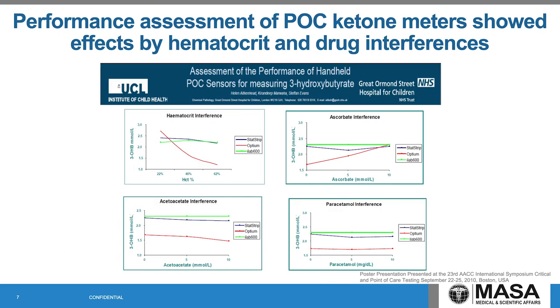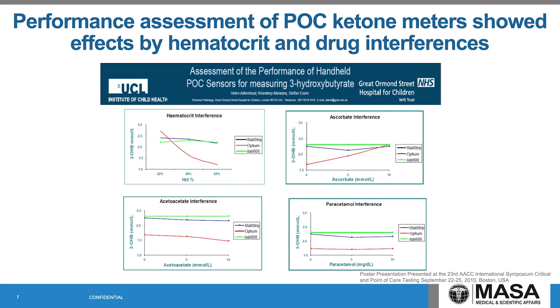In a similar way, you will find this in a poster presented at the 33rd AACC International Symposium on Point of Care Testing in 2010. Here the authors again took central lab measurements of ketone, StatStrip, and another meter, which you can find in the legend.